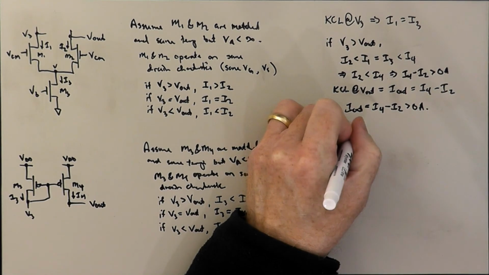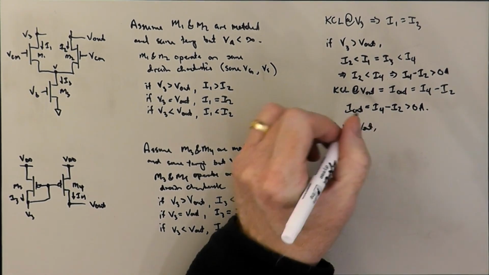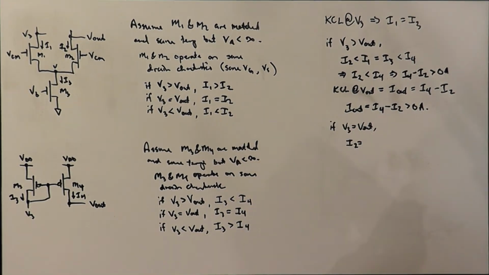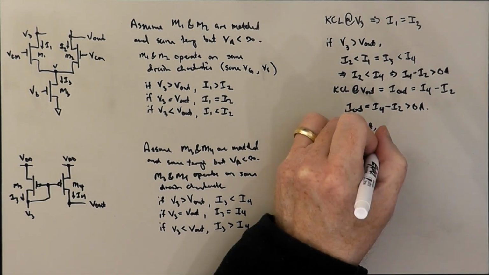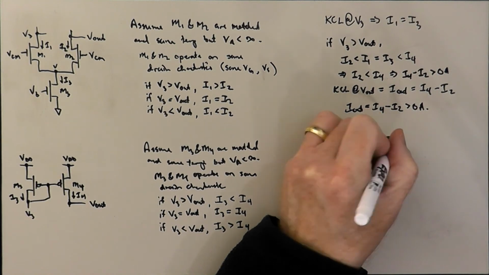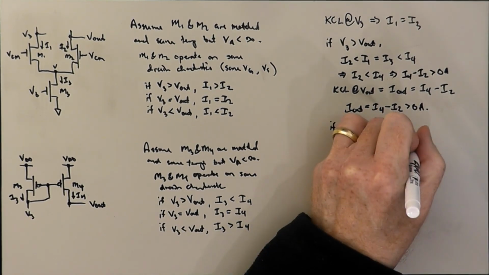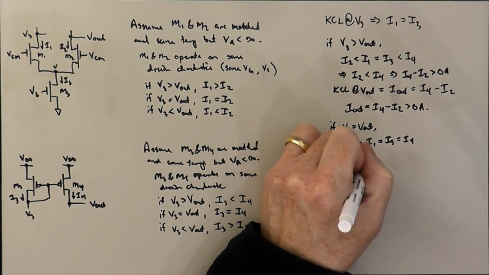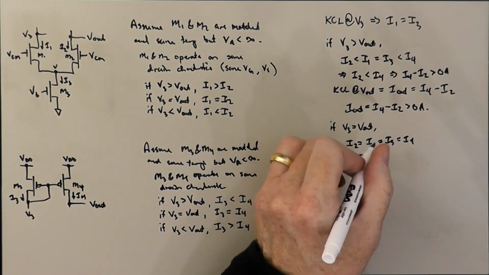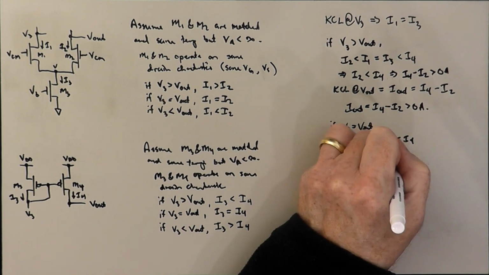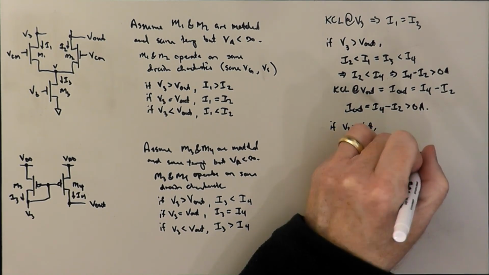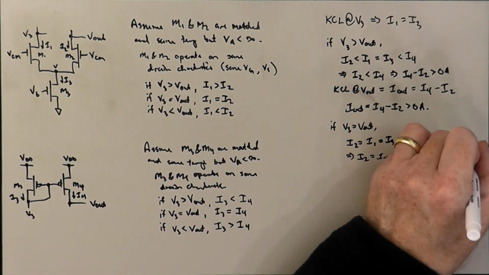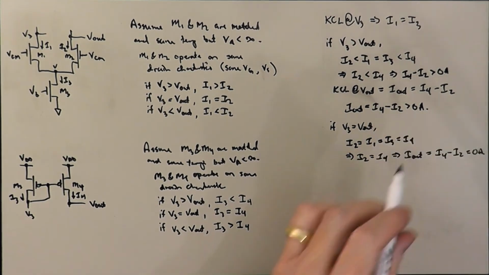If V3 equals V out, well, we have I2 equals I1 equals I3 equals I4. And so that implies that I2 equals I4 and I out, which is equal to I4 minus I2, is equal to 0 amps.